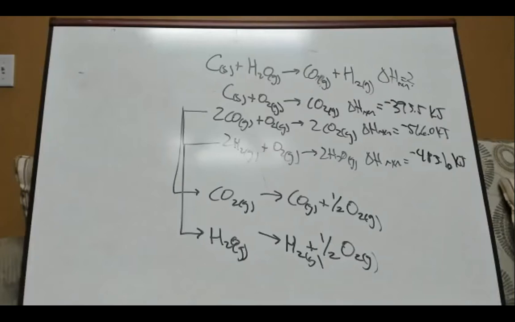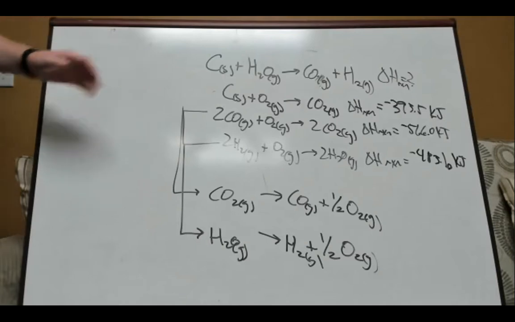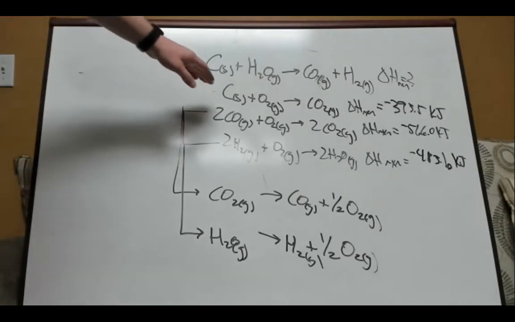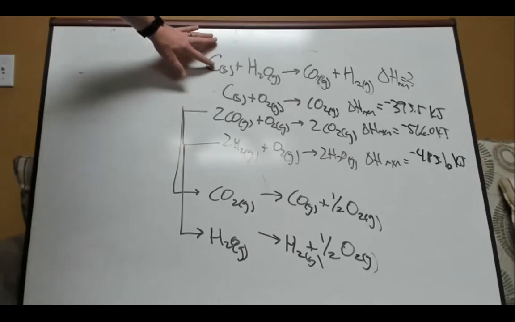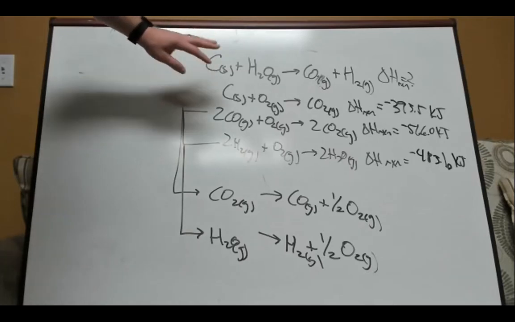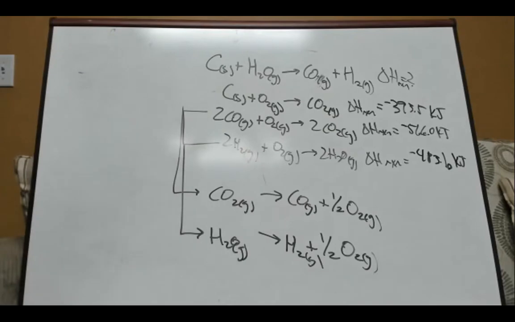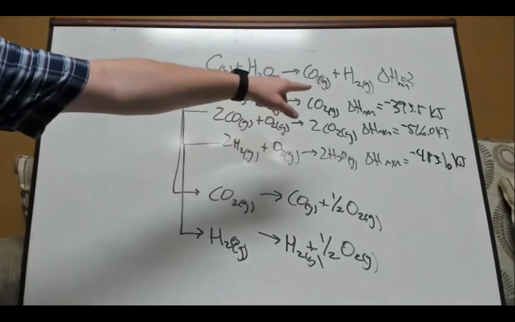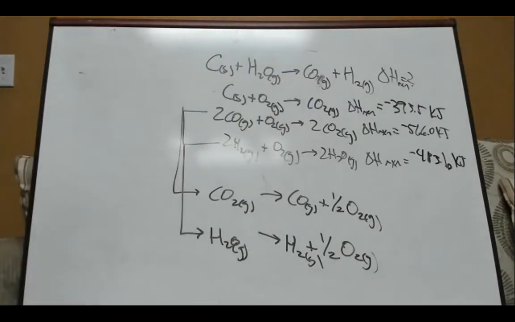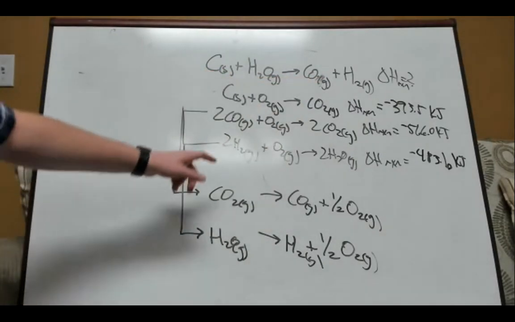All right, we're back. I just went ahead and wrote down the other equations that we would need. So remember, we're looking for this reaction up here. We're looking for the delta H. What we have is, we know that solid carbon plus oxygen gas gives us CO2, and there's the delta H, negative 393.5 kilojoules.